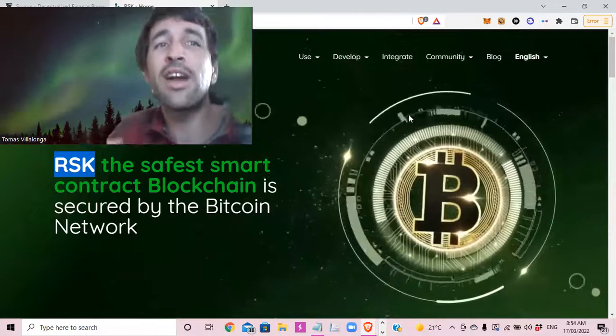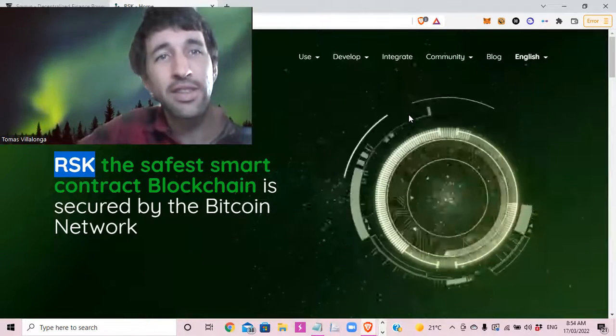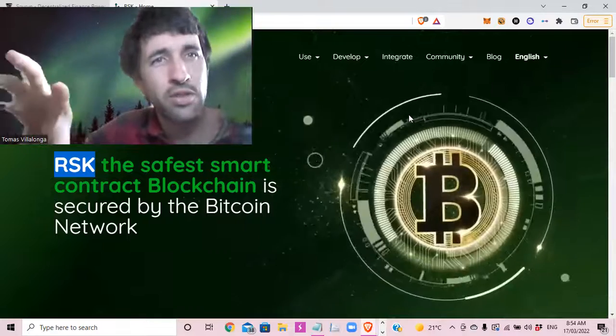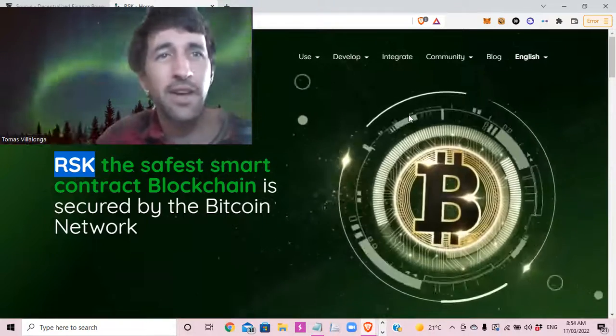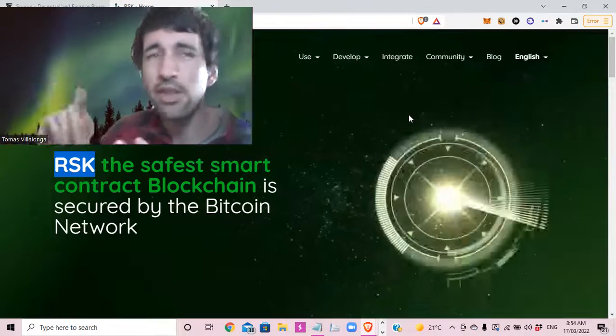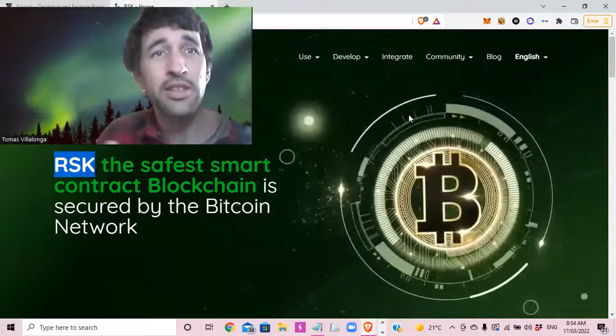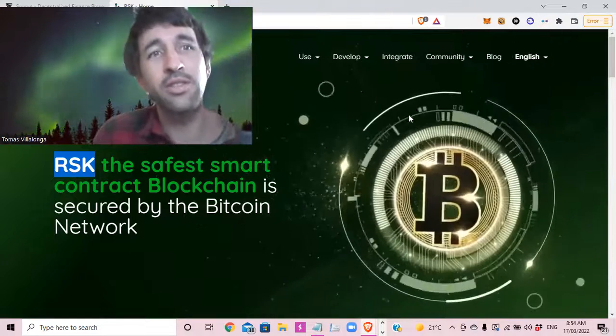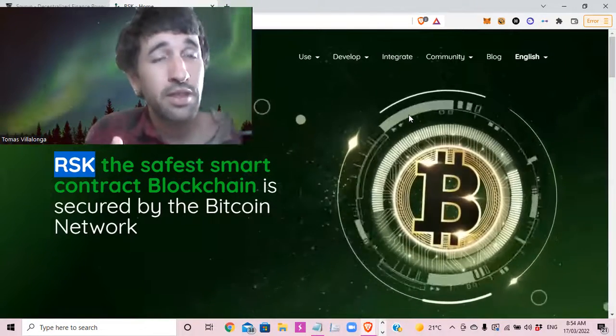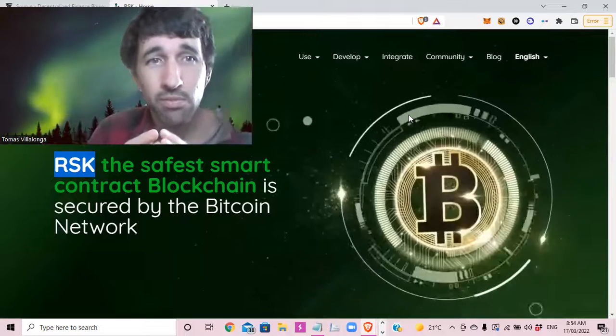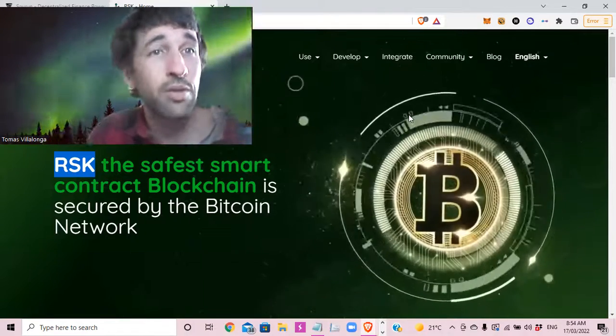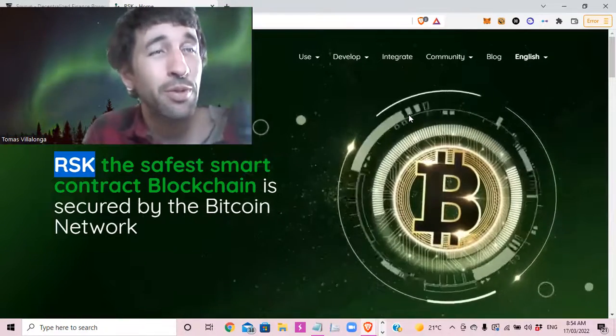So if we can grab all that experimental stuff that's happening in Ethereum and all that innovation, all those exciting things, DeFi, NFTs, all that stuff, and we can bring it to the Bitcoin ecosystem, that could potentially be, I don't know, revolutionary would be the perfect word to describe it.